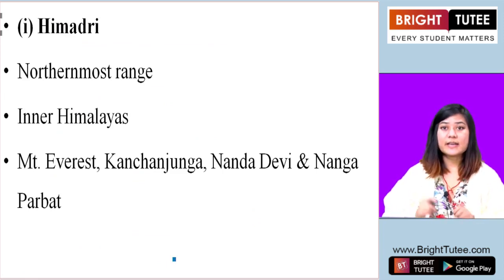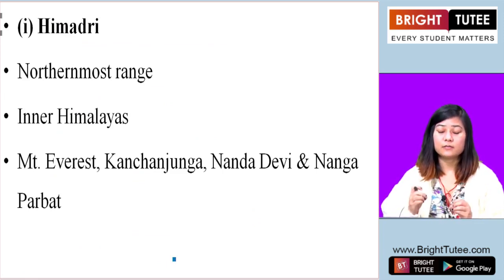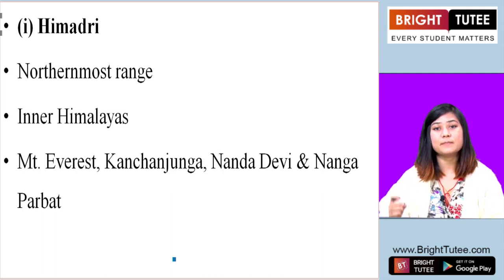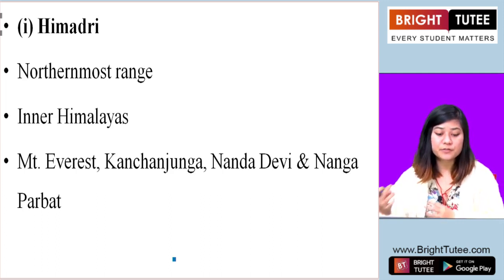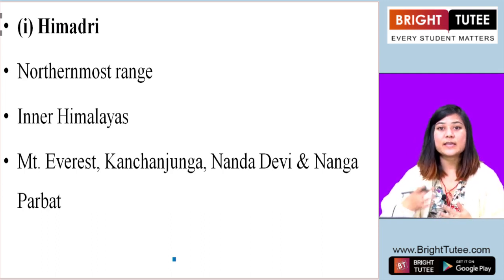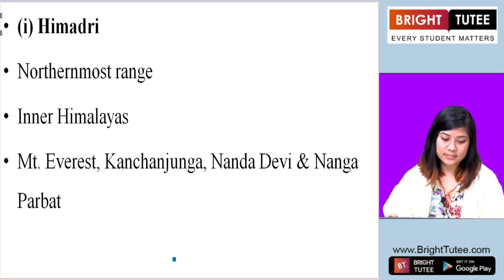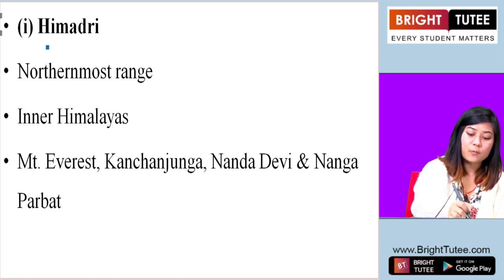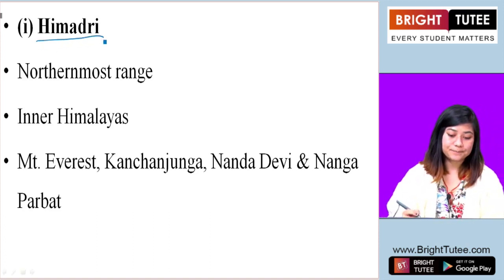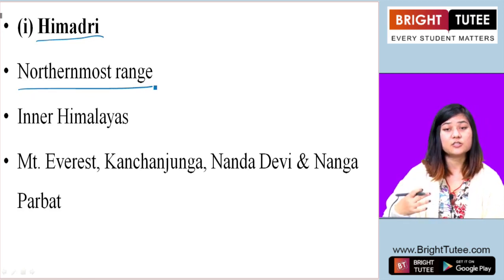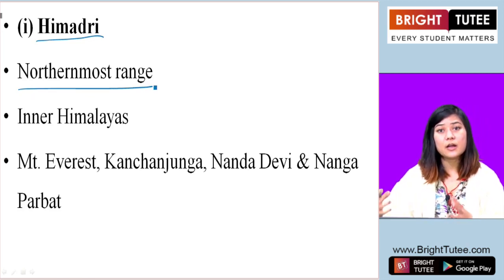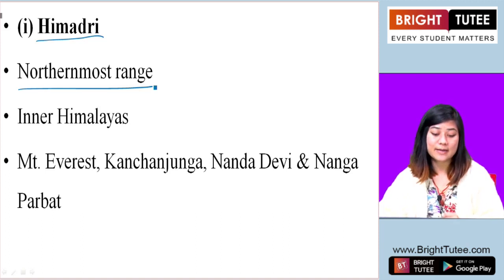Now, this Great Northern Himalayan range can also be divided into a few divisions so that we can understand its characteristics. Okay, the first one is called Himadri. Now, this is the northernmost range of that particular Great Northern Himalayan range.